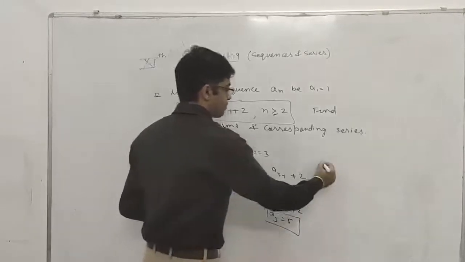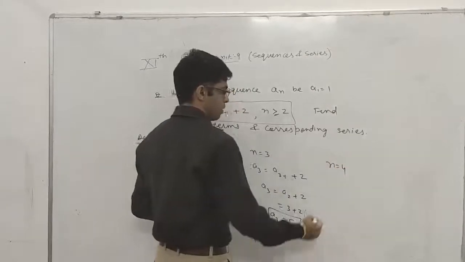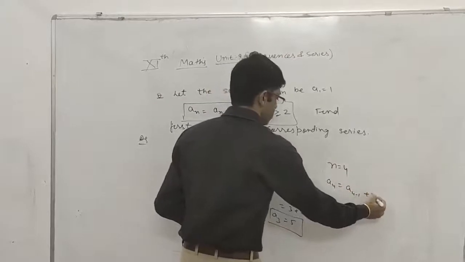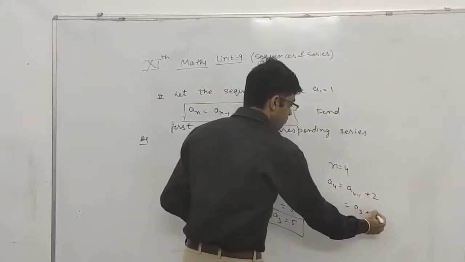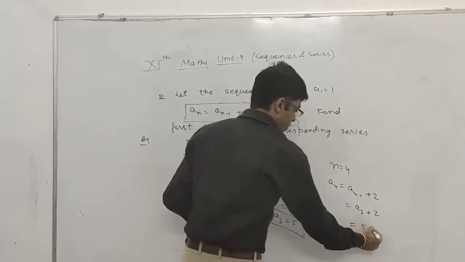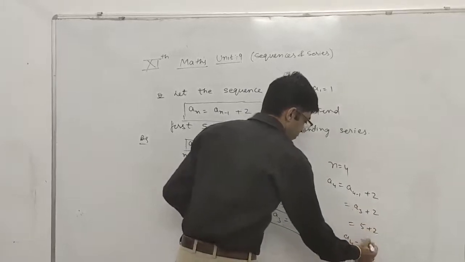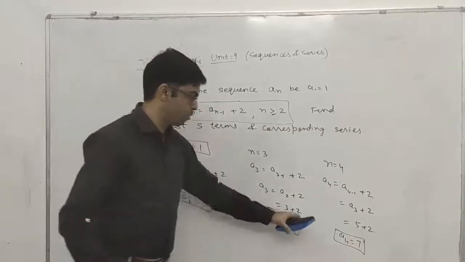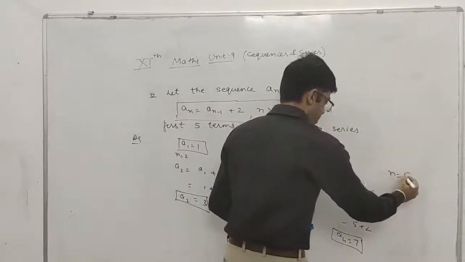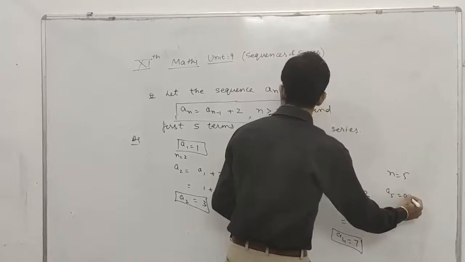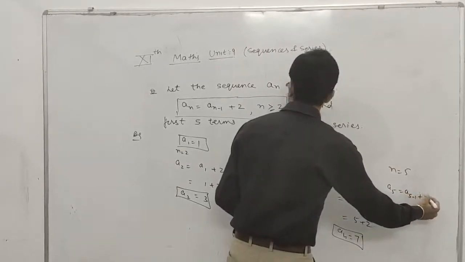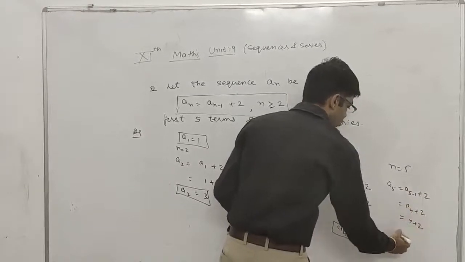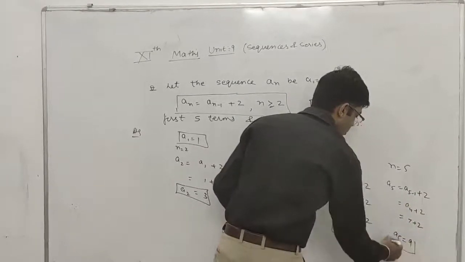Now n is equal to 4: a4 is a4 minus 1 plus 2, which is 5 plus 2, that is 7. We have to find 5 terms, so one more. a5 is a5 minus 1 plus 2, which is a4 plus 2, 7 plus 2. So a5 is equal to 9.